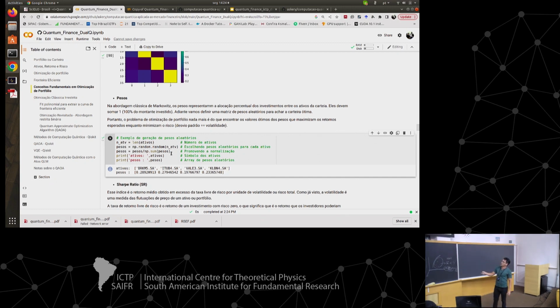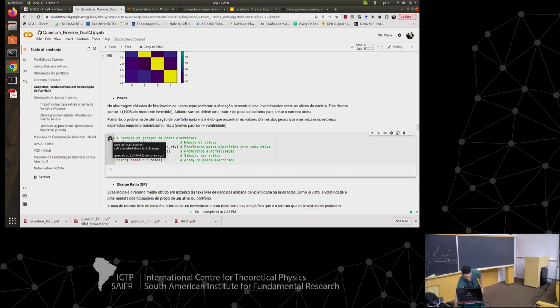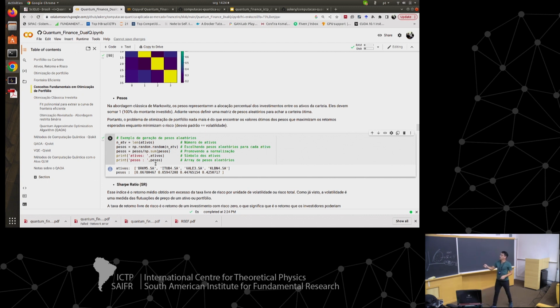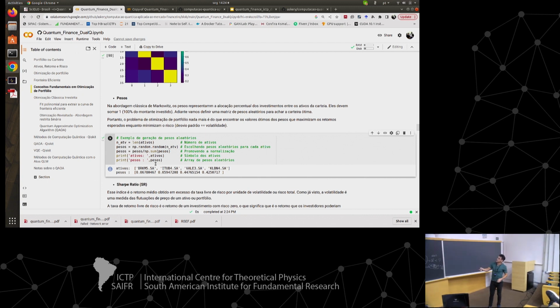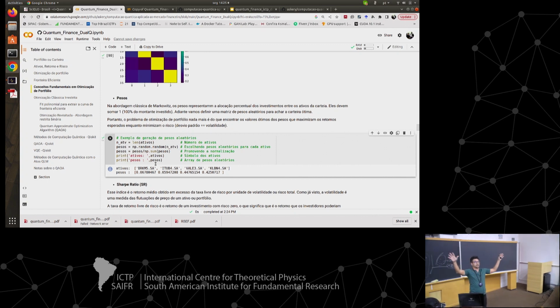Here it's more or less uniform. I will run again, and sometimes it deviates a lot from uniform, with 6% in some of these and most of the other stocks. So we sample a lot to get that frontier curve.